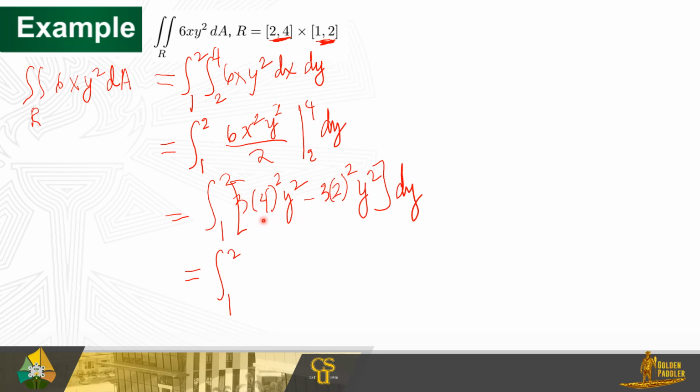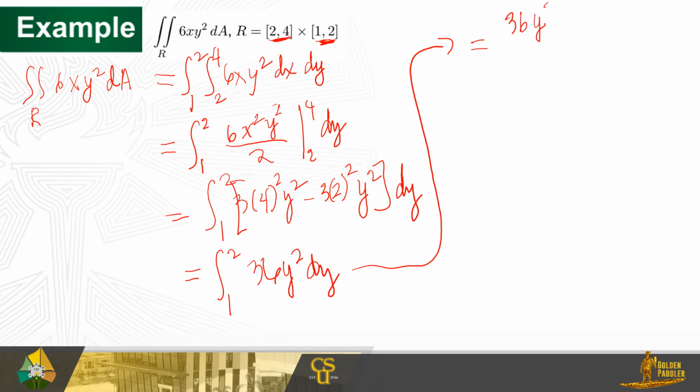So 48 minus 12, because they both have y squared, so they are like terms. So 48 minus 12, that is 36. So 36 y squared dy. Then we integrate that again with respect to y. So it becomes 36 y cubed over 3 evaluated from 1 to 2.